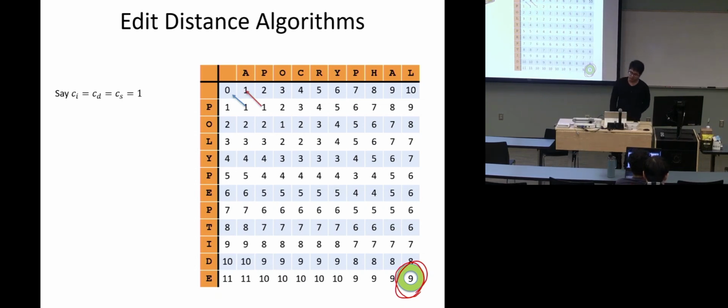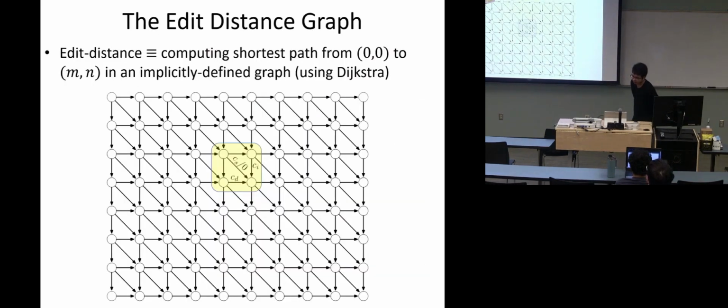Okay. I just want to point out one way to view this algorithm that is maybe nice to see. If you look at this table, it actually looks like a graph, a directed graph, and each edge has some weight.